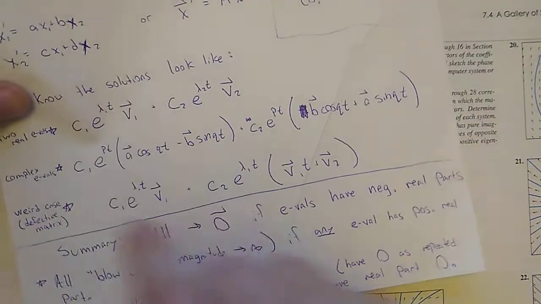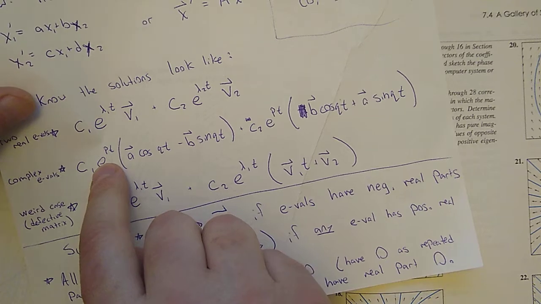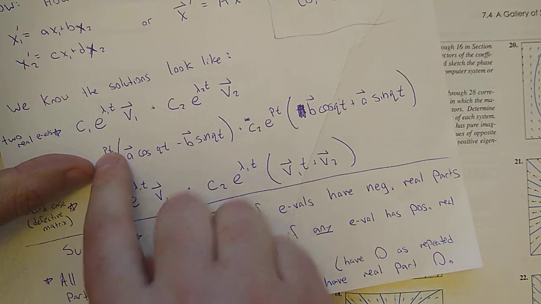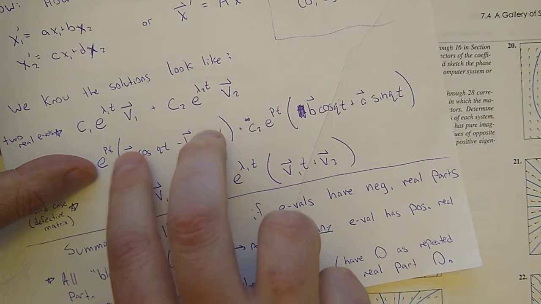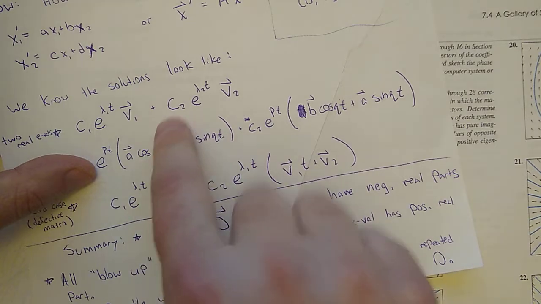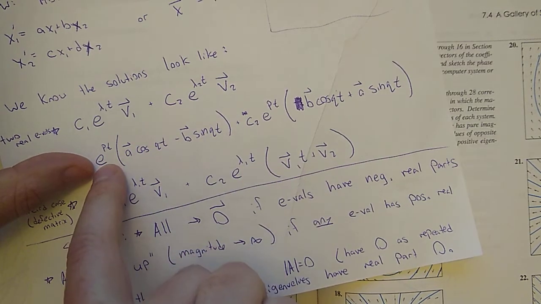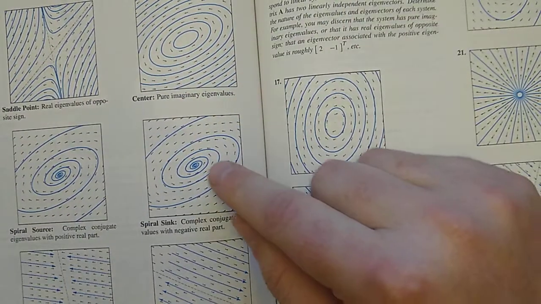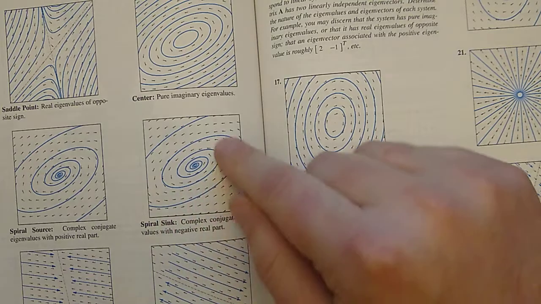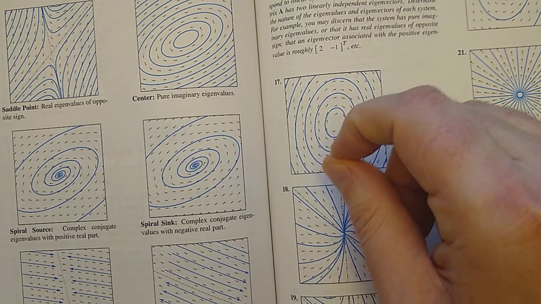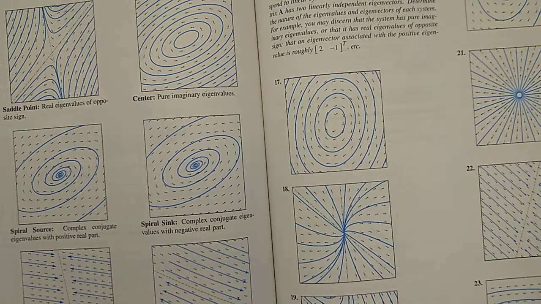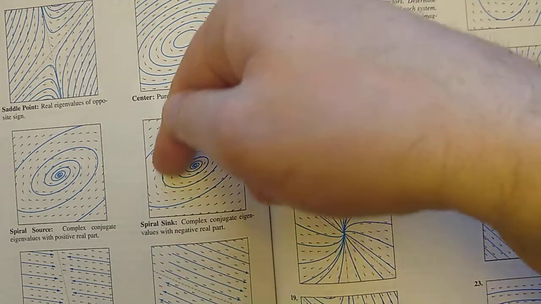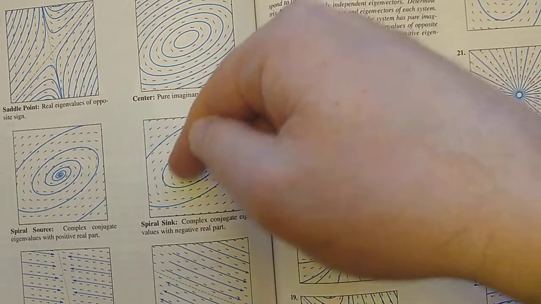With this e to the pt out here, and if p is negative, then we have this scalar on the outside that is multiplying by this, which would normally be tracing an ellipse, but this is making it get smaller and smaller. So it's one of these that spirals inward. It's very roughly speaking like an ellipse, except also going inward. As you go around, you go inward.